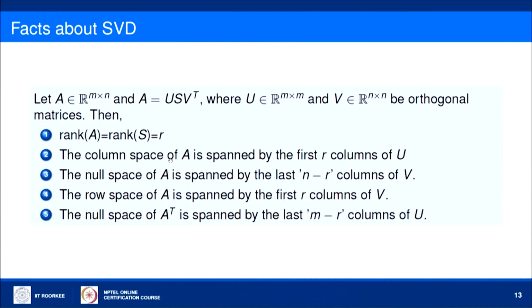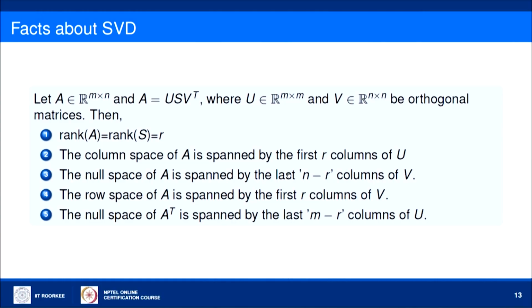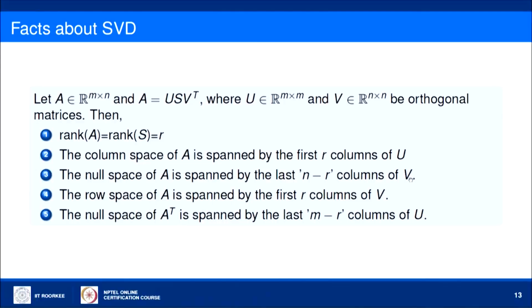The column space of A is spanned by the first r columns of U, that is, the first r columns of U will form a basis for the column space of A. The null space of A is spanned by the last n minus r columns of V, meaning the solution of the homogeneous linear system Ax equals 0 will be given by the last n minus r columns of V, and those will be the columns corresponding to 0 singular values.